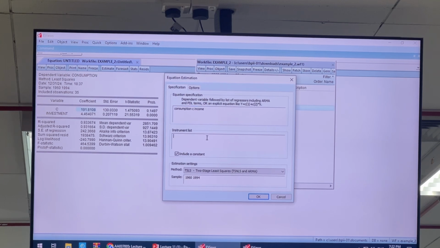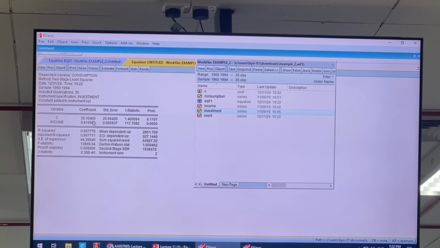What do you need to put here? Investment. So put the exogenous variable as our instrument, to get the instrumental variables. So if you do this, okay.